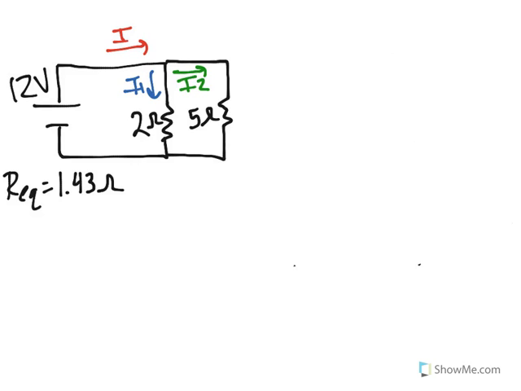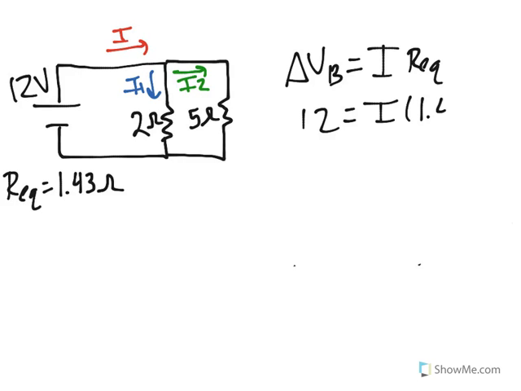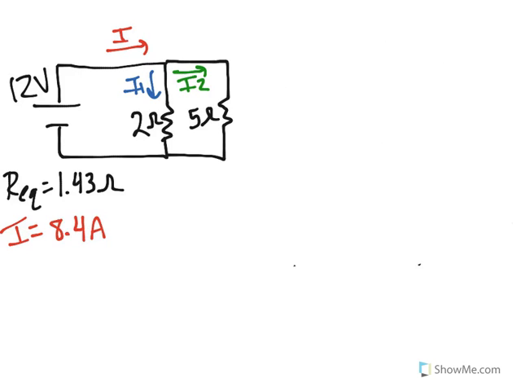So now that I have my equivalent resistance, I want to use Ohm's law. So potential drop across my battery is equal to current times equivalent resistance. So 12 is equal to I times 1.43. So if I solve for I, I get my total current is 8.39 amps. And I'm actually going to round that to 8.4.